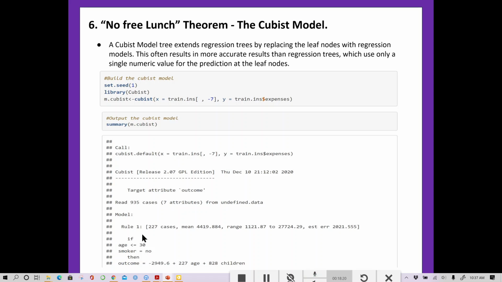So we build a Cubist model, and here is part of the output. For 227 cases that make it into a particular leaf node and satisfy this condition, if their age is less than or equal to 30 and smoker is no, the outcome is given by this estimated regression line.